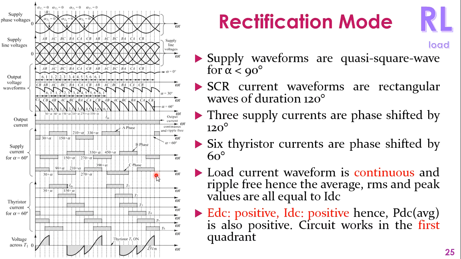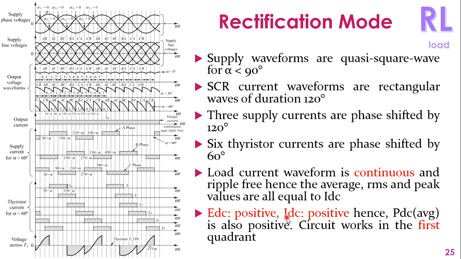So in case of rectification mode, supply current waveforms are quasi-square waves for alpha less than 90 degree. SCR current waveforms are rectangular waves with a duration of 120 degree. The 3-phase supply currents are phase shifted by 120 degree, whereas the 6 thyristor currents are phase shifted by 60 degree. The load current waveform is continuous and ripple free, hence the average, RMS and peak values are equal to IDC.